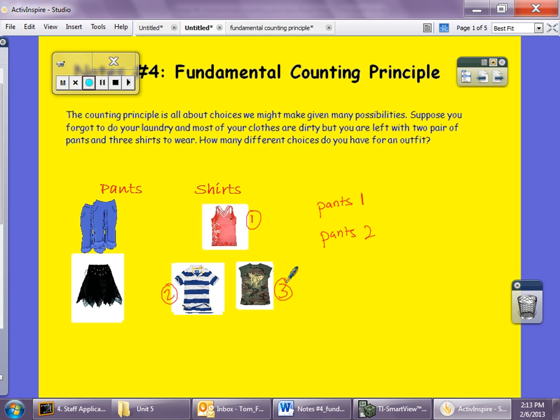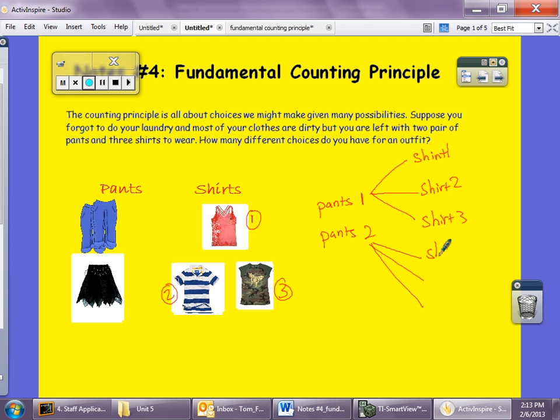So what we can do is we can say, well, with my pants 1, or my jeans, I have 3 options. I can wear shirt 1, shirt 2, or shirt 3. So we have 3 different options to wear with our pants. And then we can say the same thing with pants 2.